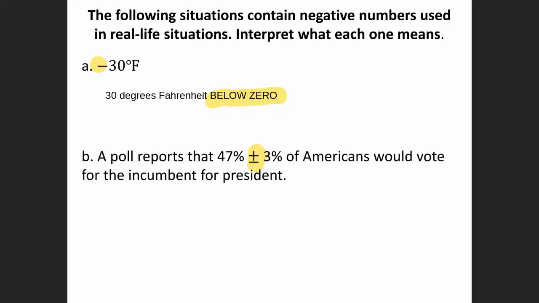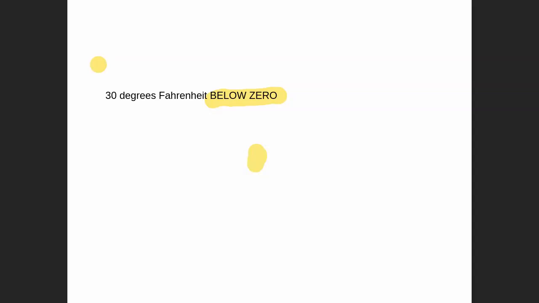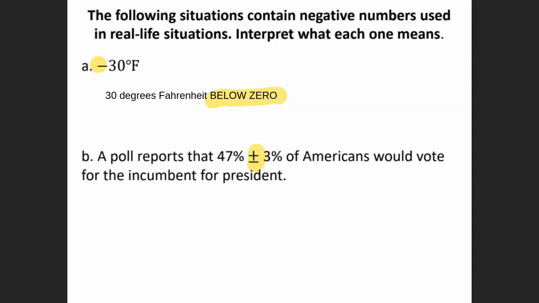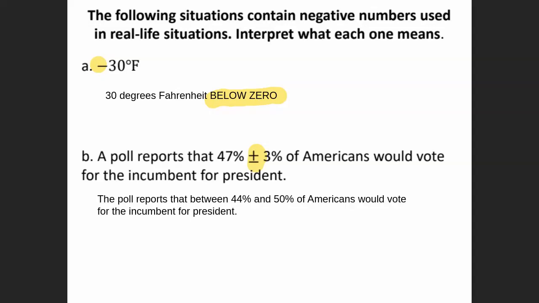So when we interpret it, we are saying that the poll reports that between 44% and 50% of Americans would vote for the incumbent for president. That plus or minus is interpreted by using the word between.